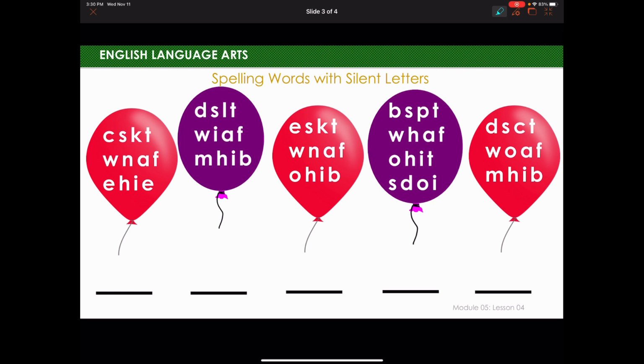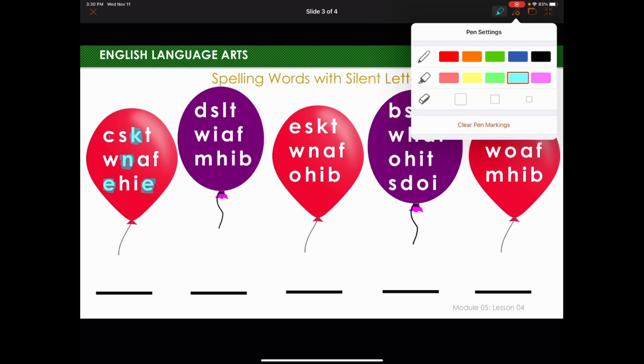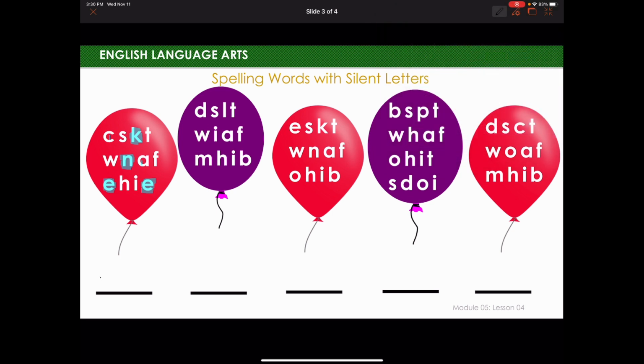We're going to count off every third letter, all right? 1, 2, 3. 1, 2, 3. 1, 2, 3. 1, 2, 3. Okay, let's put that together to see what our word is. So I have the letter K, then the letter N, then the letter E, and then another letter E.